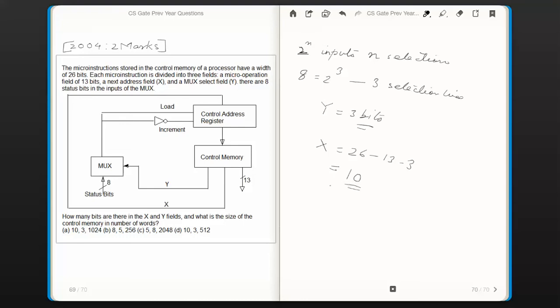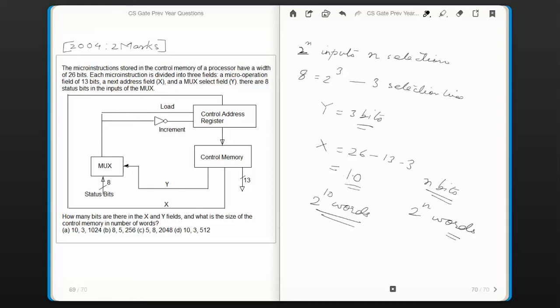With 10 bits, we can address 2 to the power 10 words, and this is exactly the number of words that the control memory would contain. In general, if the address width is n bits, then using n bits of address we can address 2 to the power n words.